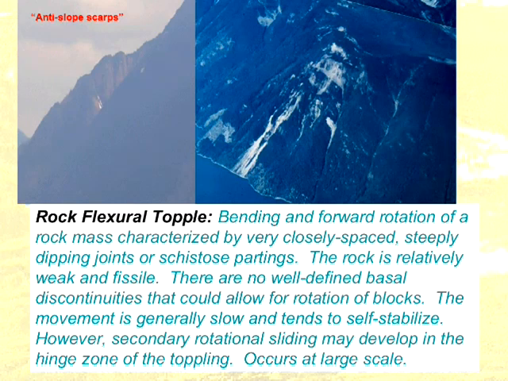Flexural toppling occurs in rocks that are very thinly jointed, and where there's an insufficient base. The blocks are held not so much by their base stability, but by friction between them.